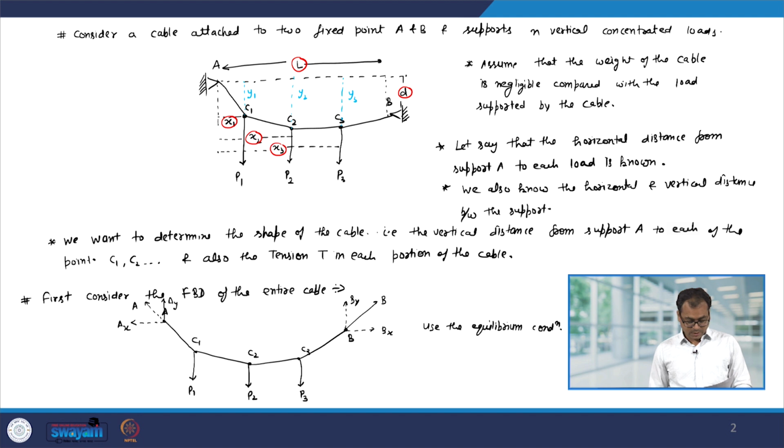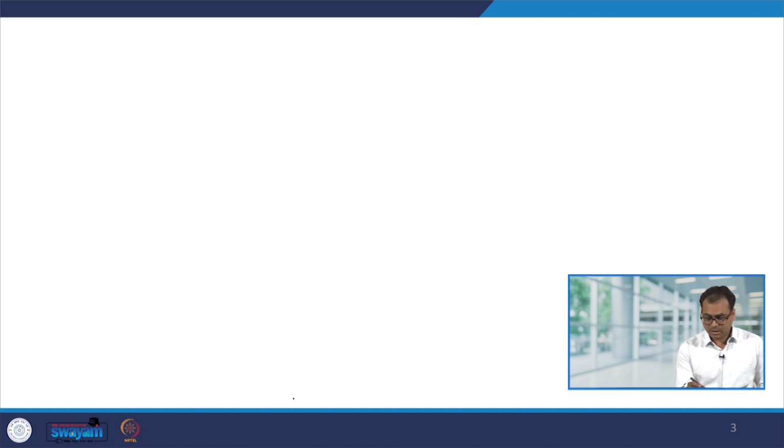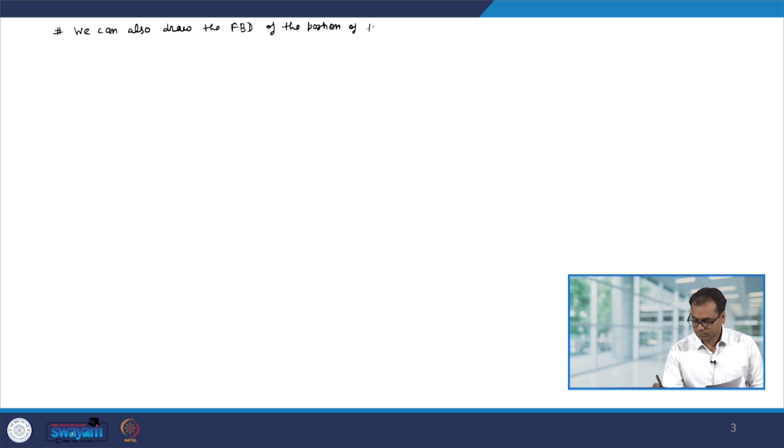Now, I can also consider the free body diagram of part of this cable. Okay. So, because the whole cable is in equilibrium, therefore its part is also in equilibrium. So, as I said, we can also draw the free body diagram of a portion of the cable.